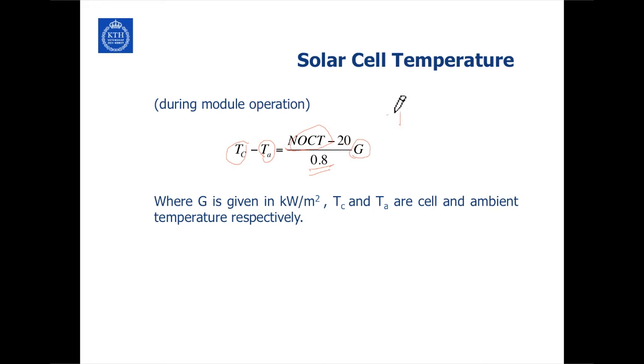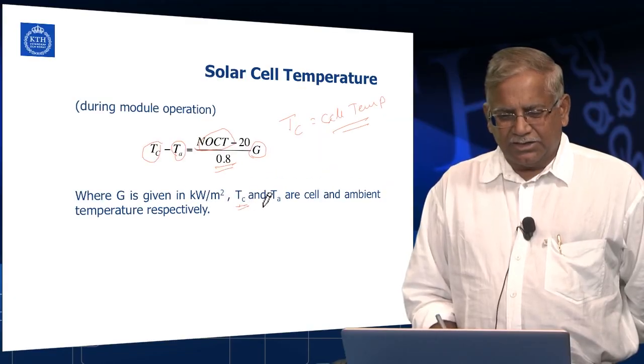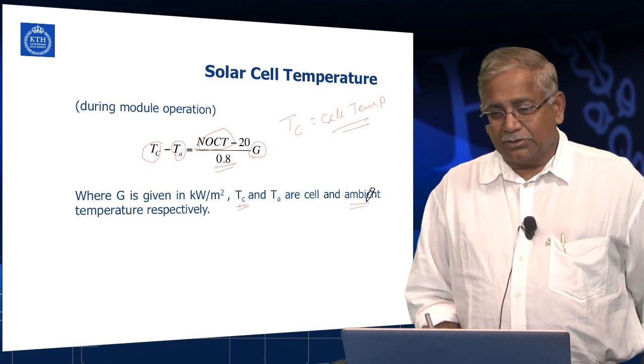So essentially from here you can find out the cell temperature, T sub C. And G is the given insolation in terms of kilowatts per meter square. Typically it's about 1 kilowatt per meter square in full sun, and then if it's 0.5 and so forth. And T sub C and T sub a are the cell temperature and the ambient temperature respectively.